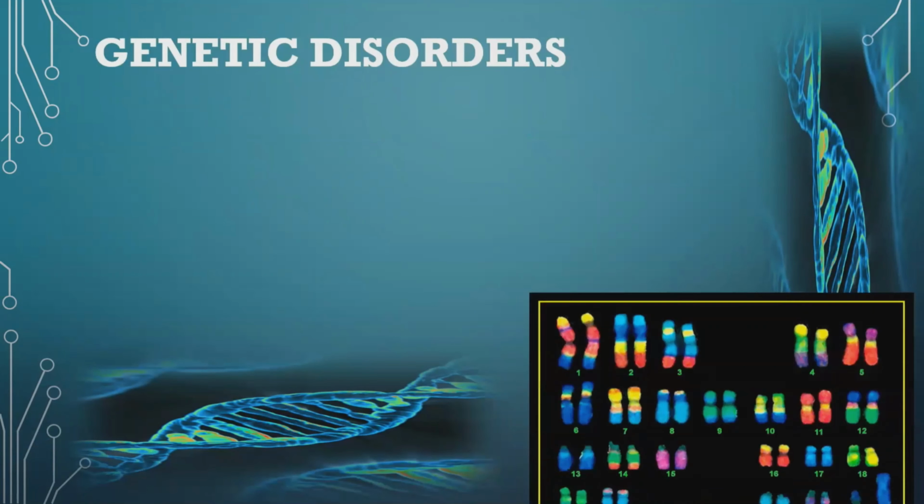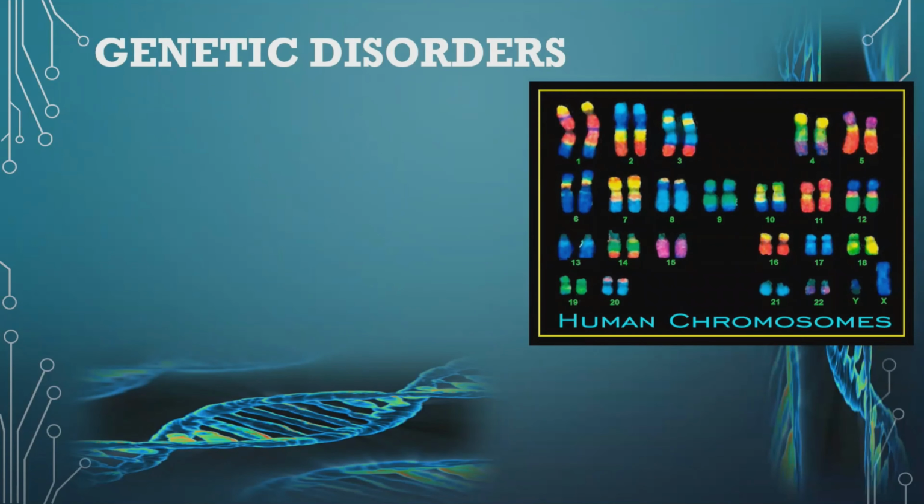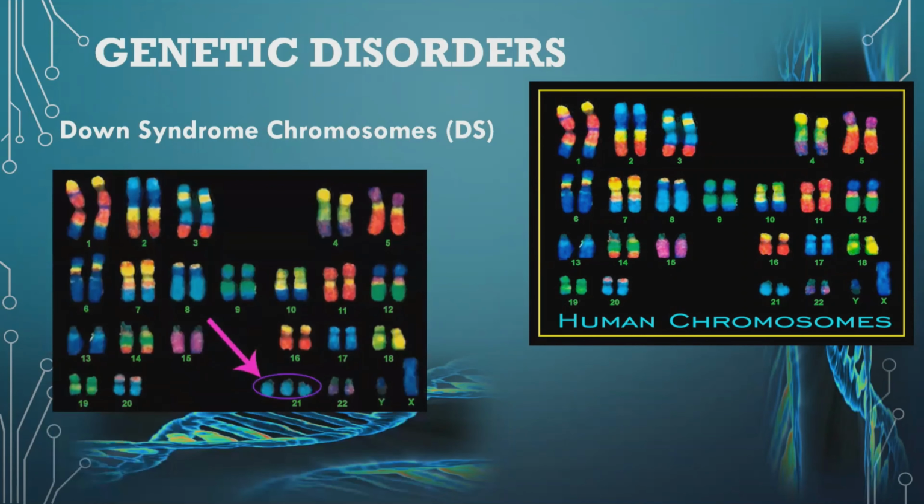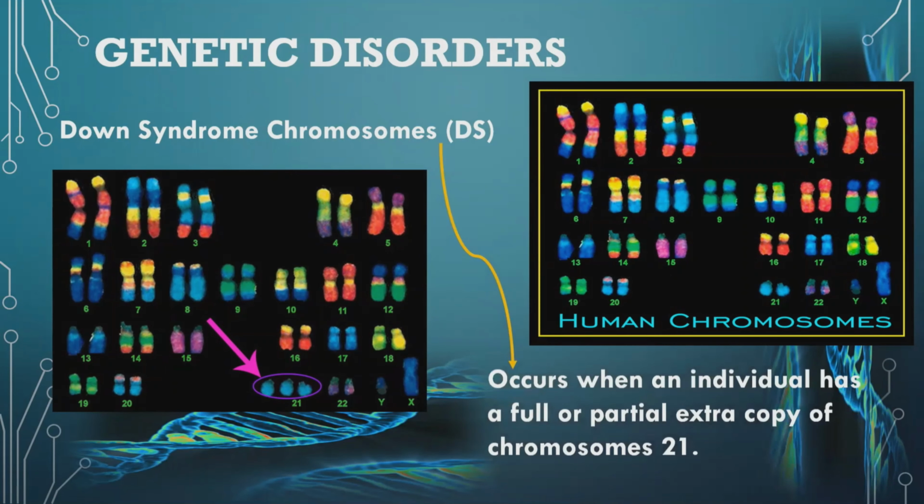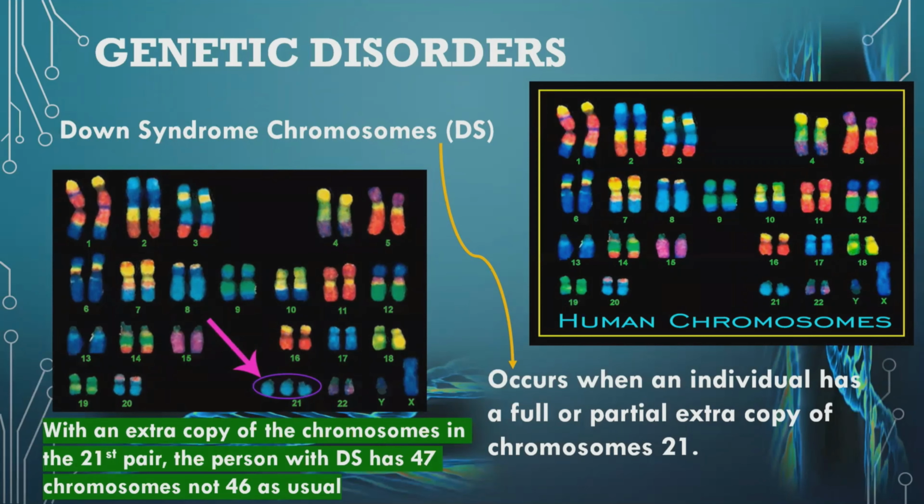Genetic disorders. This is the normal human chromosomes, while in Down syndrome, this is the chromosomes. Down syndrome occurs when an individual has a full or partial extra copy of chromosome 21. With an extra copy of the chromosomes in the 21st pair, the person with Down syndrome has 47 chromosomes, not 46 as usual.